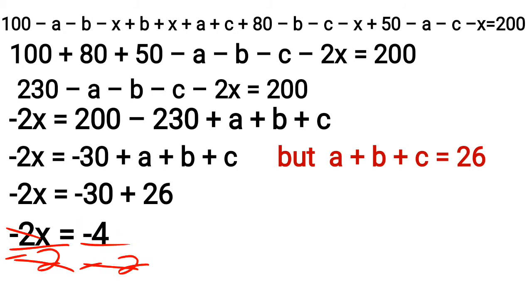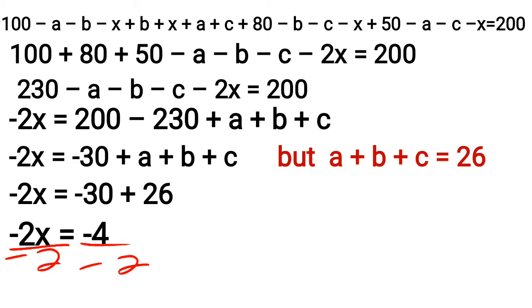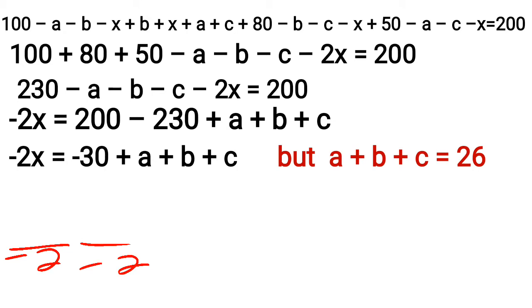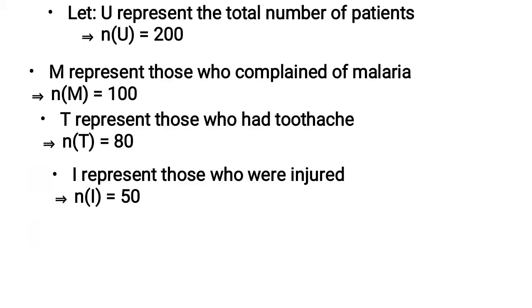All right, meaning 2 patients or 2 people complained of all 3 disorders, had all the 3 problems. So our x is equal to 2 patients. All right, so going back to the question, how did the question put it?